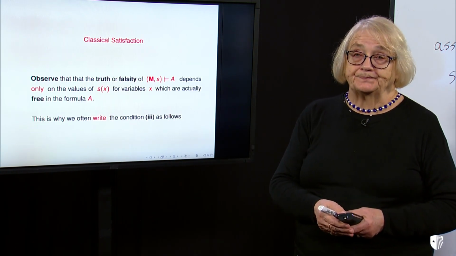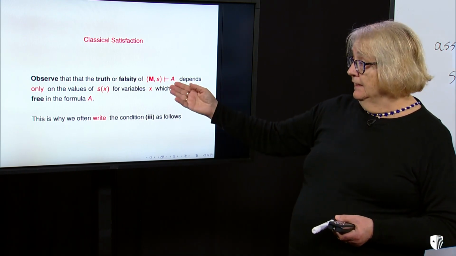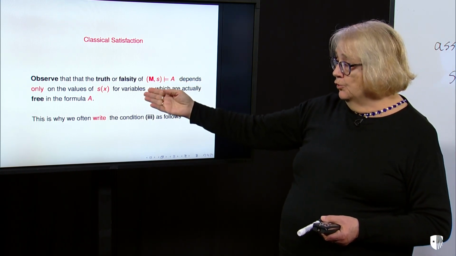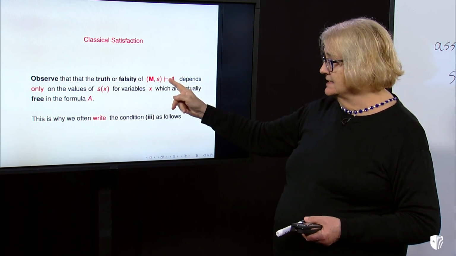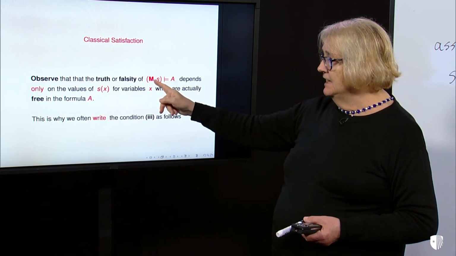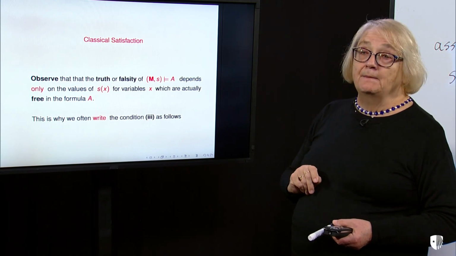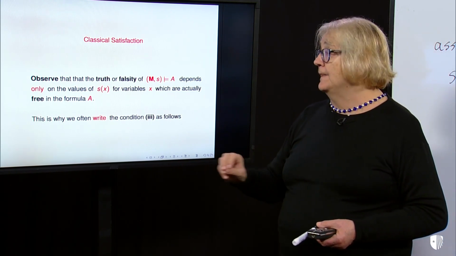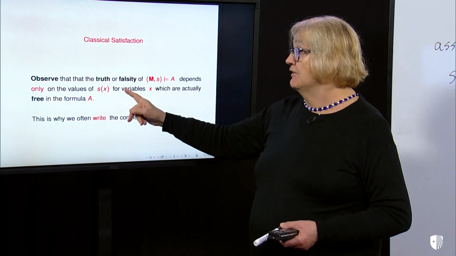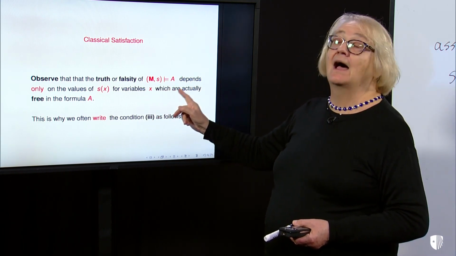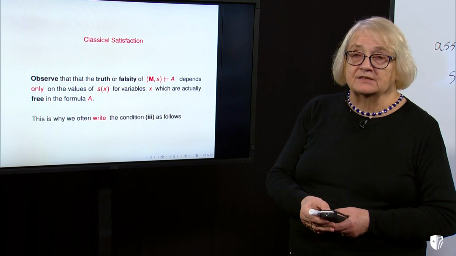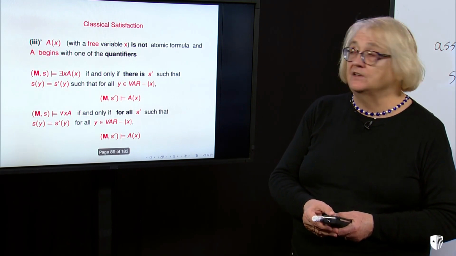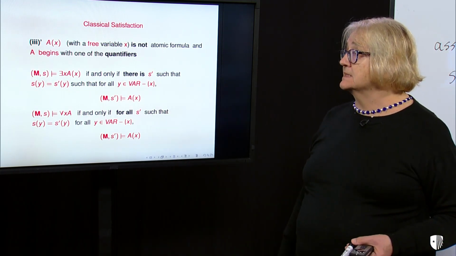And also the truth and falsity of the statement S satisfies A in the structure M depends only on the values S x for variables which are actually free in A. So that's why this last condition we write like this.